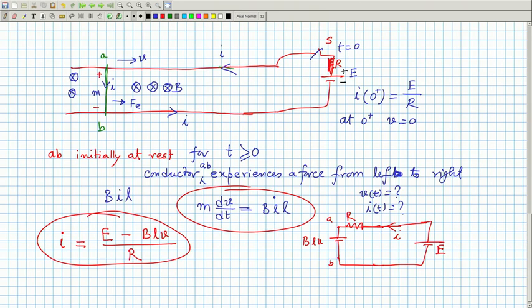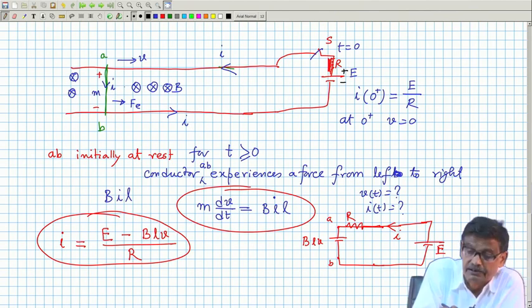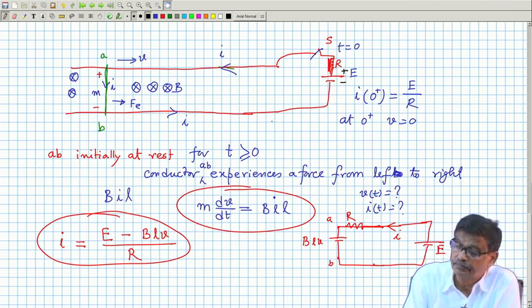But if you close the switch at t equal to 0, since velocity cannot change instantaneously, at t equal to 0 plus, after you have closed the switch, the velocity of the conductor, previously 0, will maintain 0. Therefore, the current in the circuit will be E divided by the resistance of the circuit.